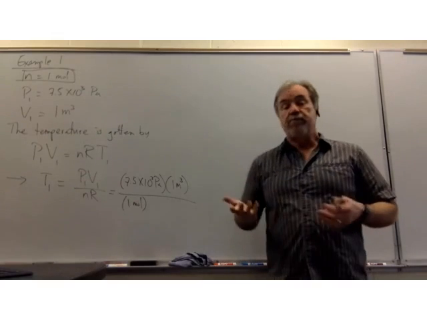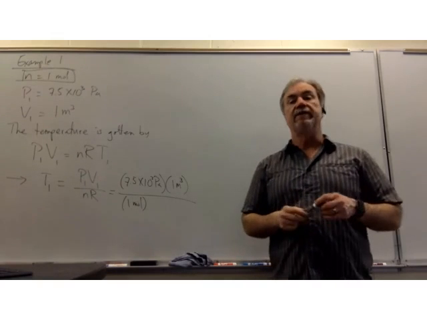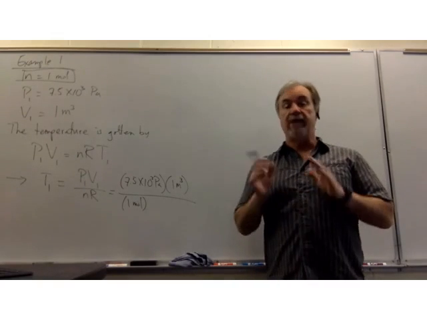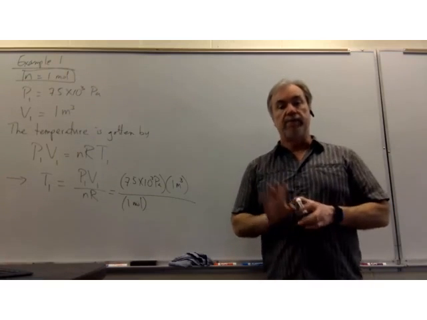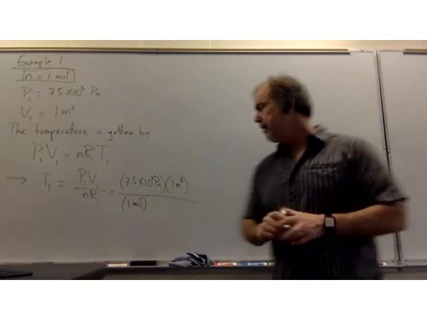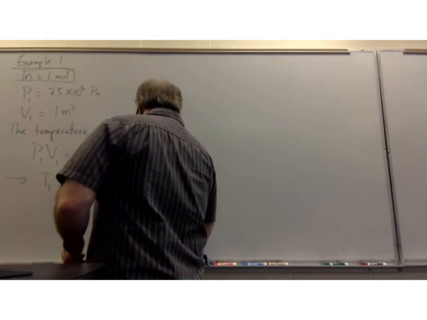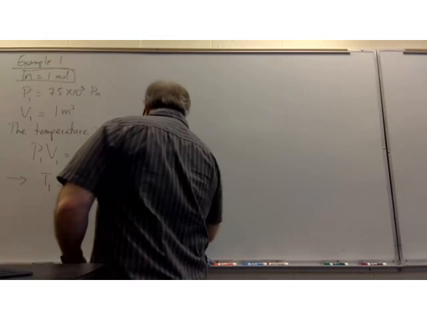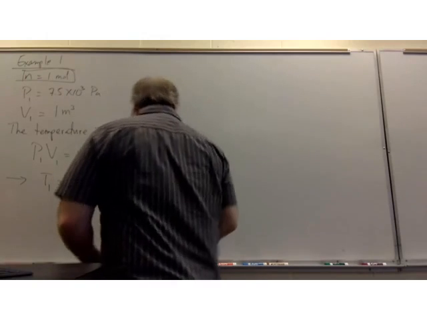And even pressure: atmospheres and pascals and kilopascals and pounds per square inch. You've got to stay in the SI system. Otherwise, you're going to get completely messed up. So make sure you are certain that you're in the SI system. If you're not sure, ask me. Okay, so anyway, R is 8.31 joules per mole kelvin.